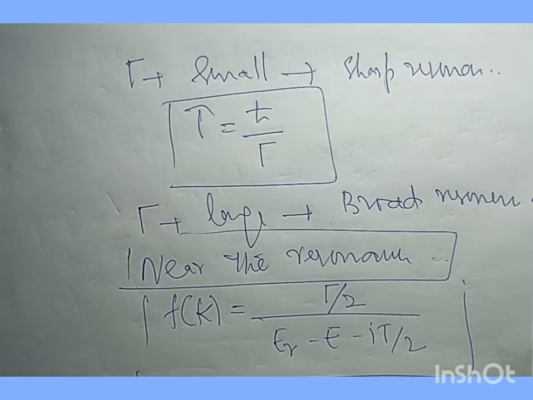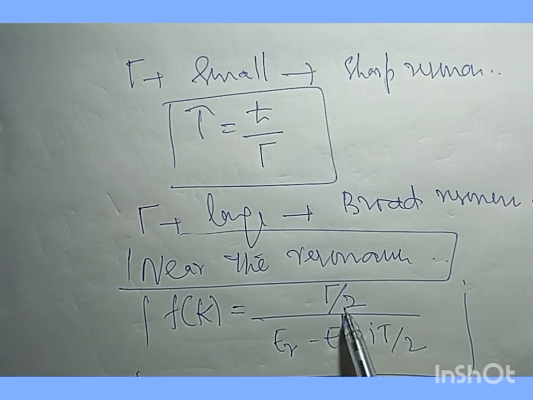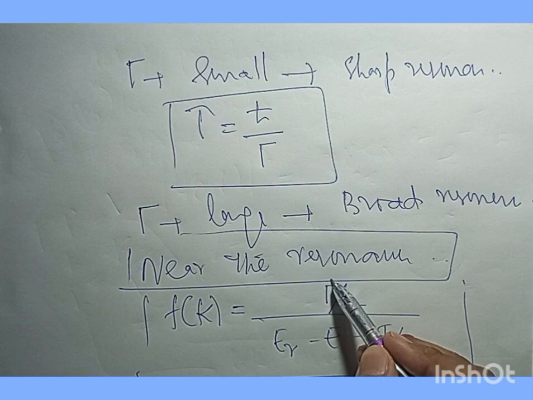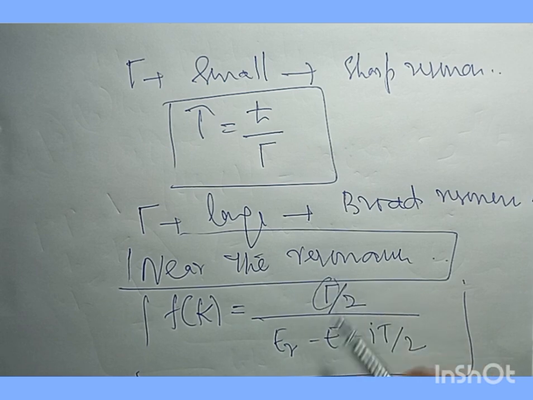But somehow it has a resemblance with resonance amplitude. So the width appears explicitly in this expression. And what does it mean? It reflects how the resonance width affects the scattering process.